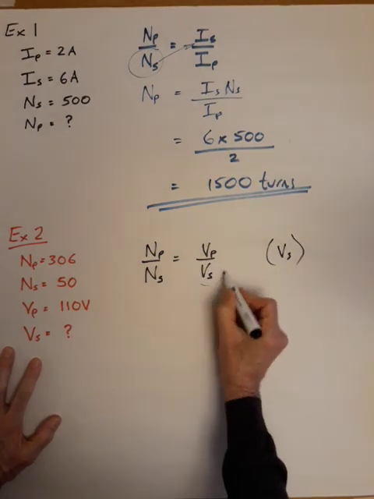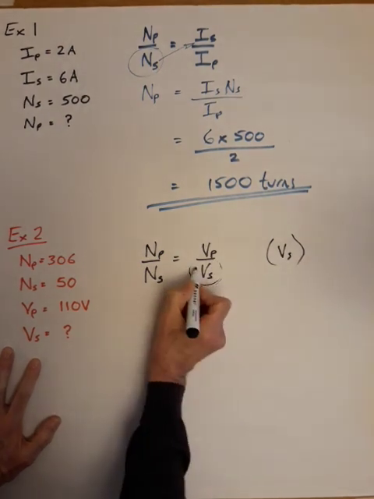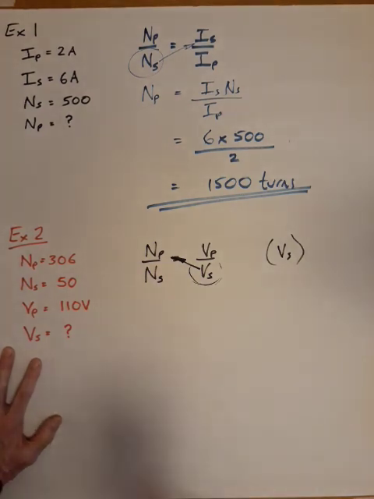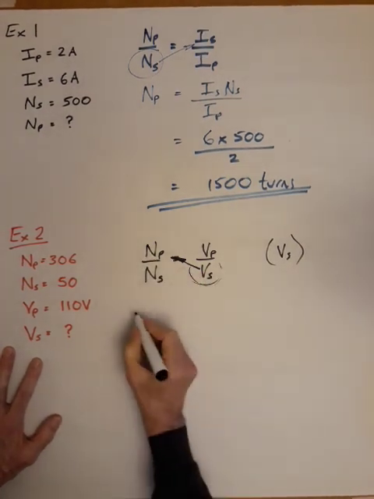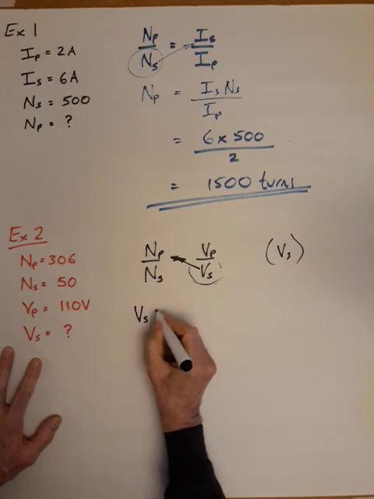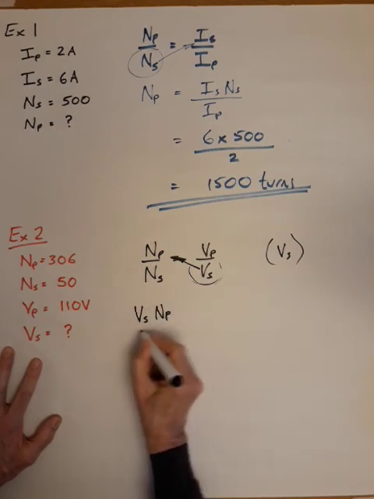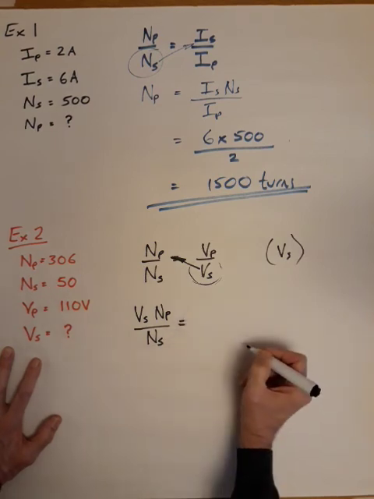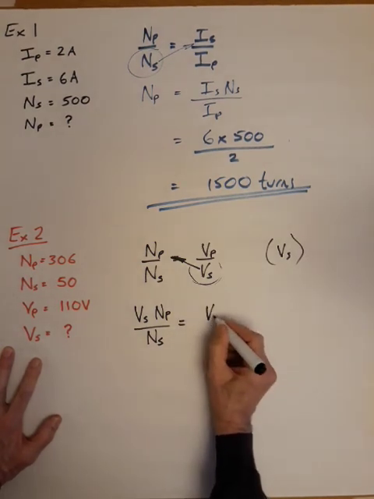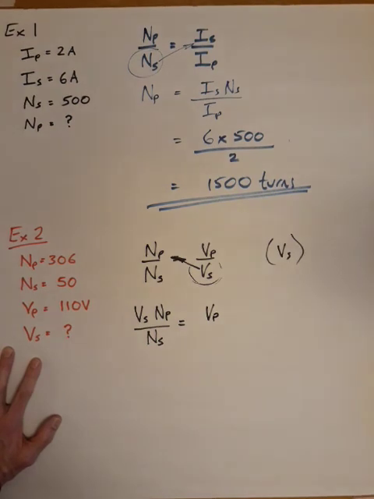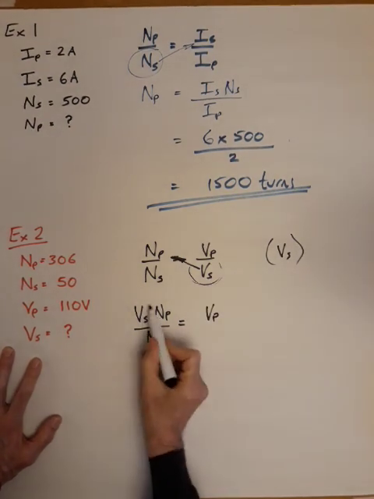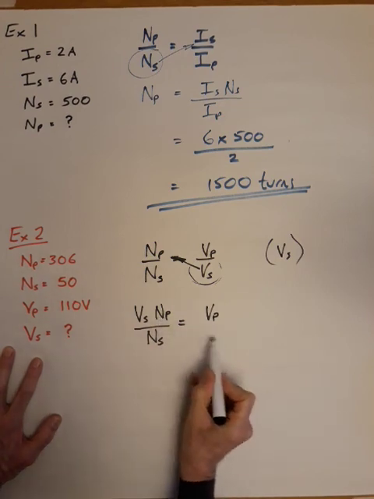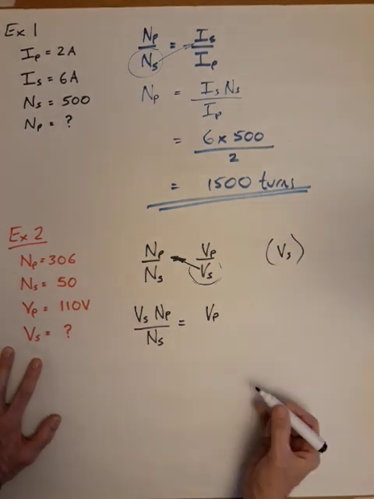Vs is on the bottom, so we need to move it to the top. So moving that up there will give us Vs times Np over Ns, and that equals Vp. Still haven't found Vs, we've got it on the top line. We now need to move these two. This will go down, that will go up.